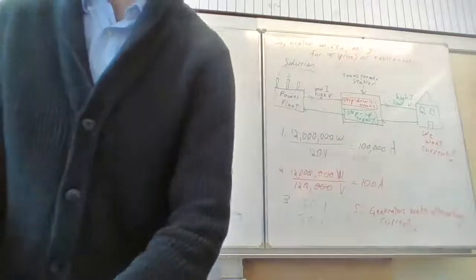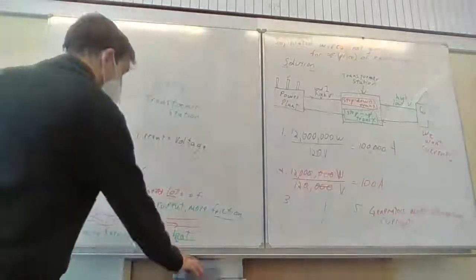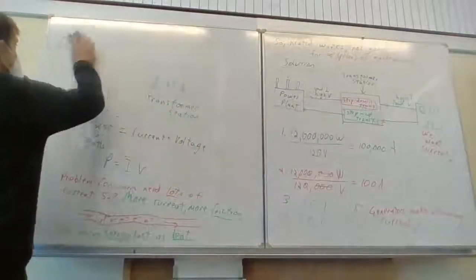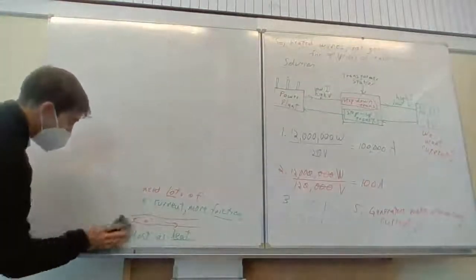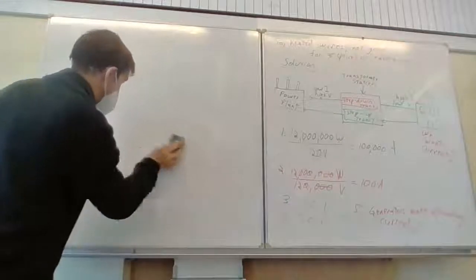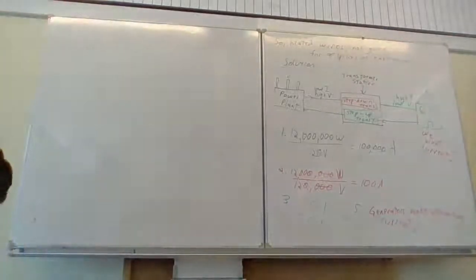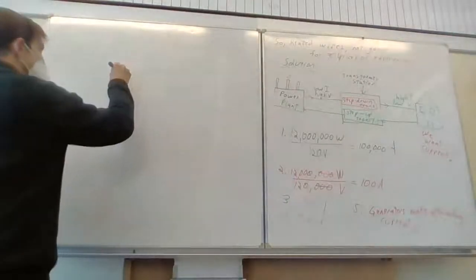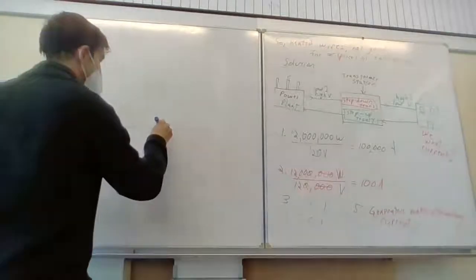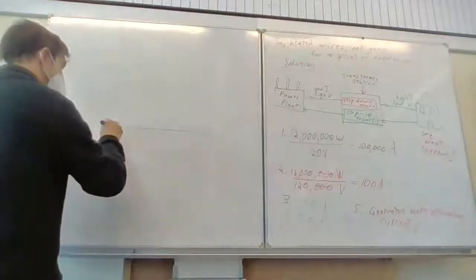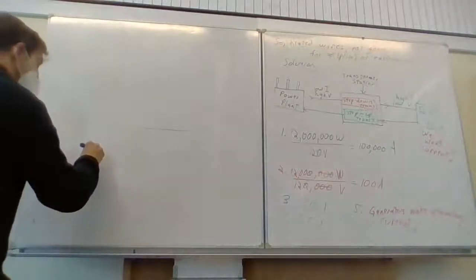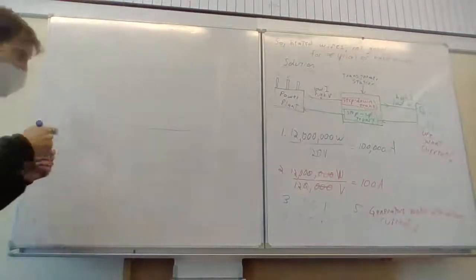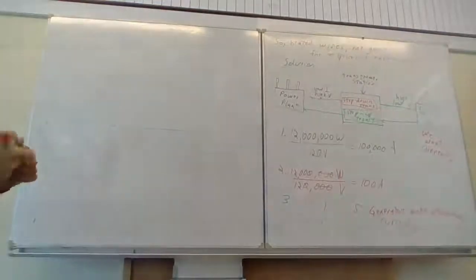Let me make it even more obvious for all of us. I might have shown this graph before, I don't know. Okay, here's your graph. This is voltage. And this is, before my pen runs out, time.